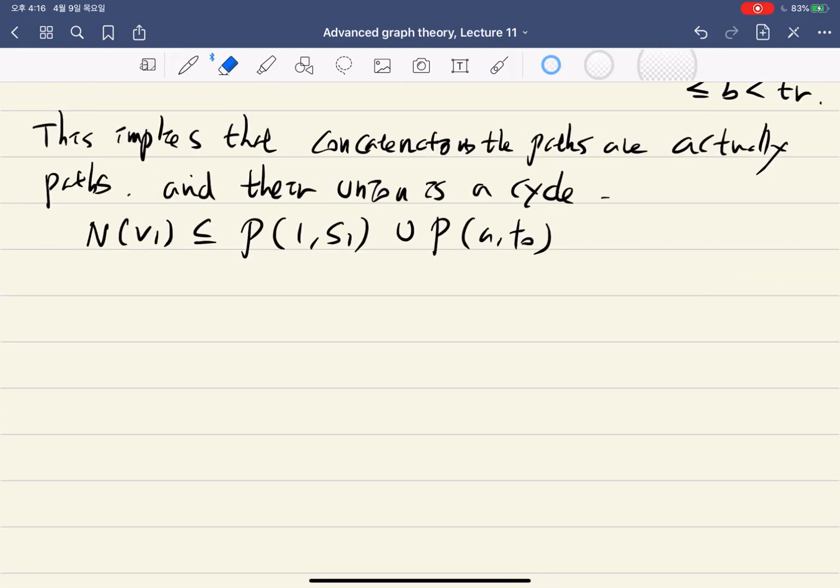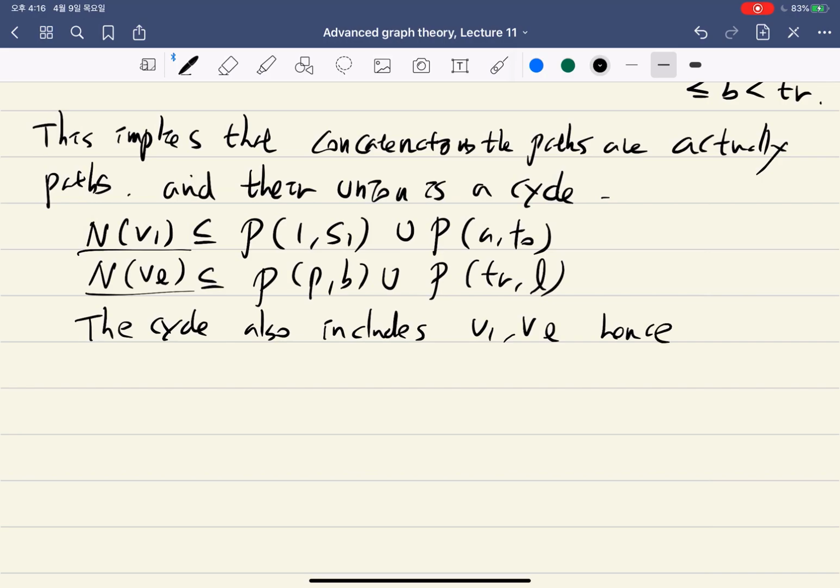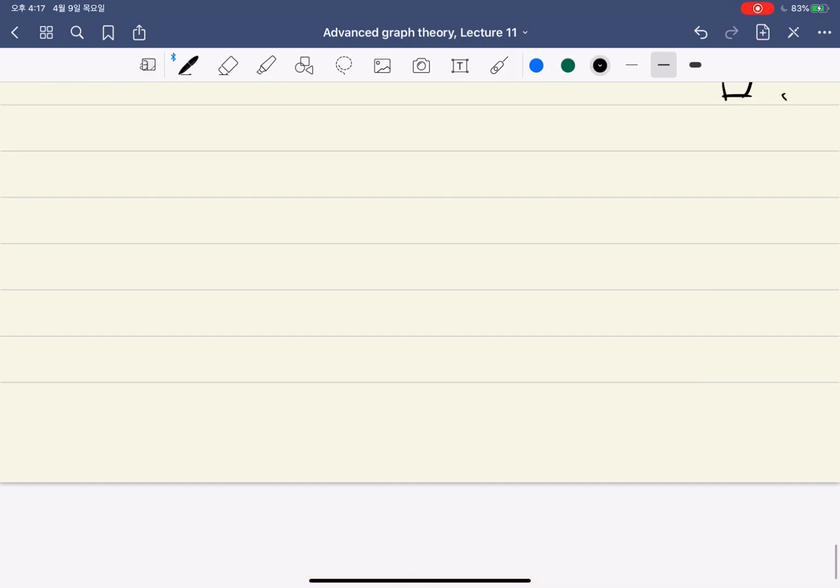And similarly, the neighbors of PL are in this part. So the cycle includes all the neighbors of P1 and PL, hence has length bigger than S, a contradiction. So this proves the Bound's lemma.